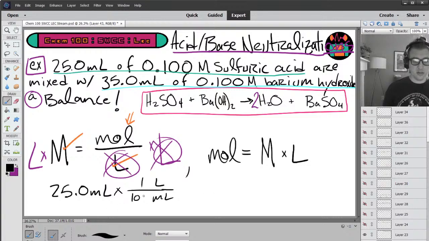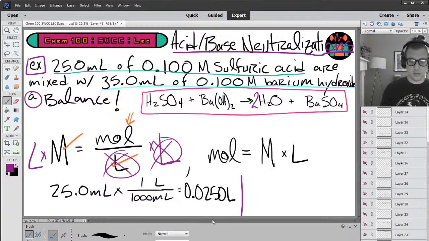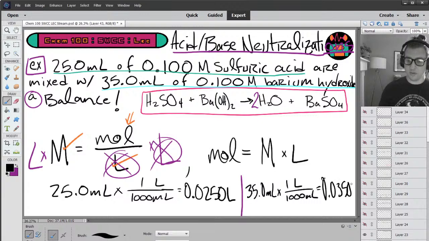1 liter is 1,000 milliliters. So 25 milliliters will be 0.0250 liters. Likewise, 35.0 milliliters converts to 0.0350 liters.